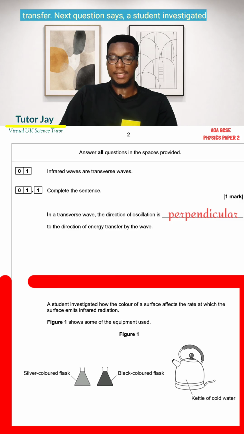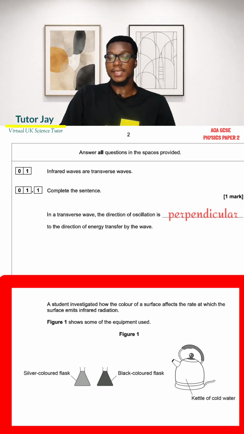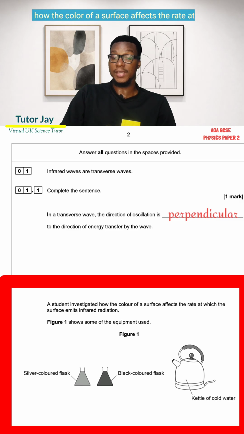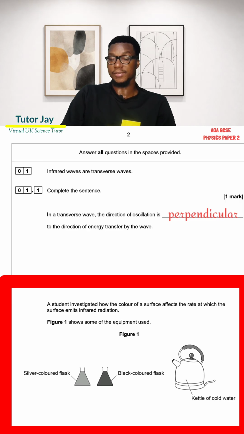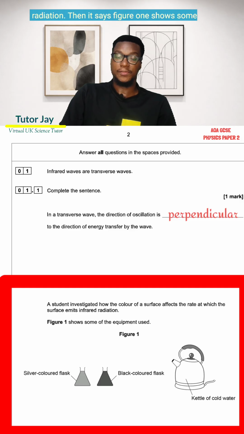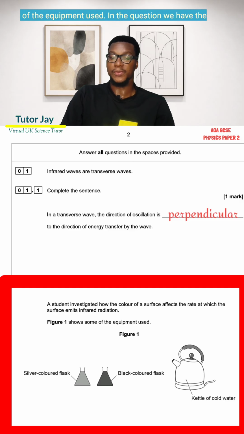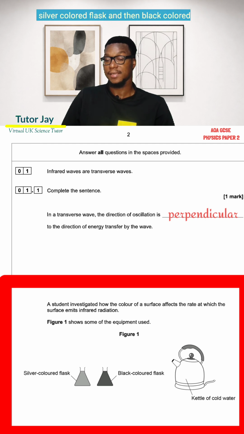Next question says, a student investigated how the color of a surface affects the rate at which the surface emits infrared radiation. Figure 1 shows some of the equipment used. In the question, we have the silver colored flask and then the black colored flask.